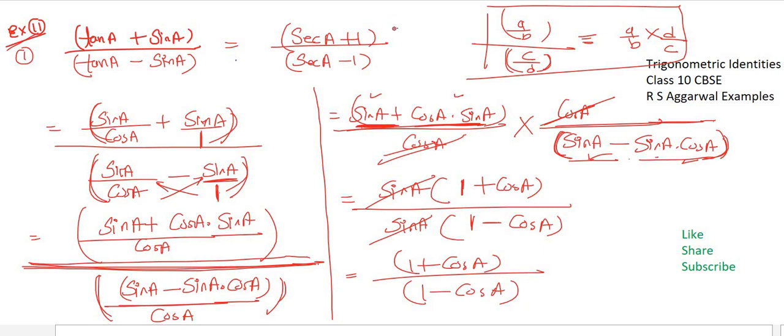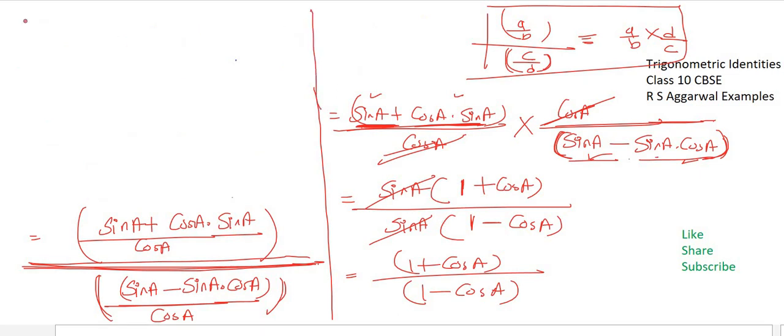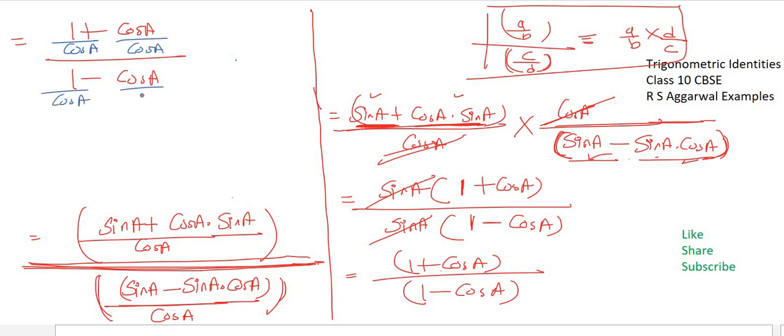Right? But we have to prove this. If you look, we have to prove this. So to prove it, what I am doing here is equal to 1 plus cos A by 1 minus cos A. Okay, can I divide each term by cos A, up and down?